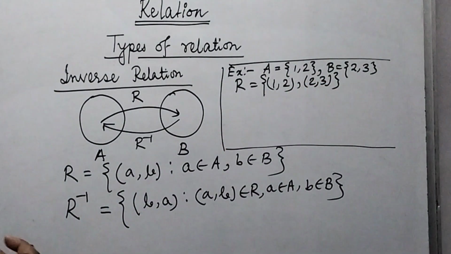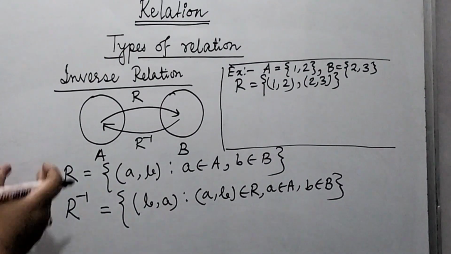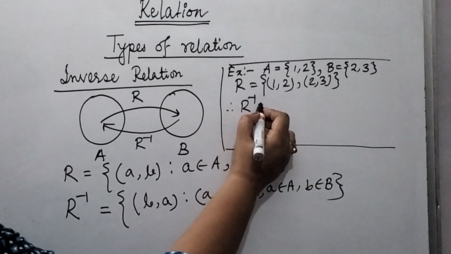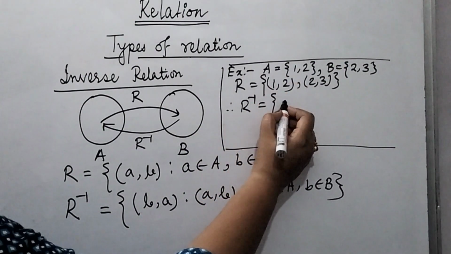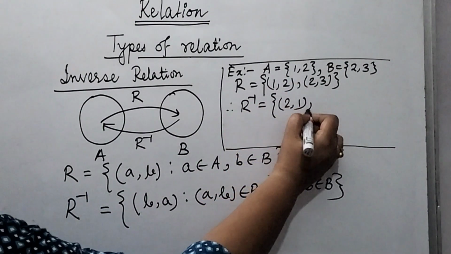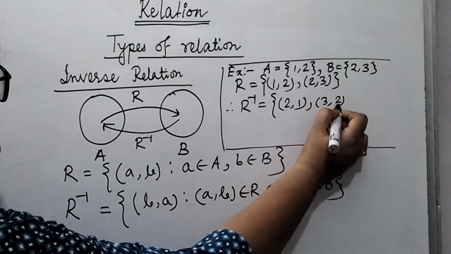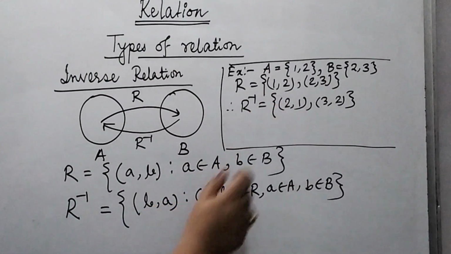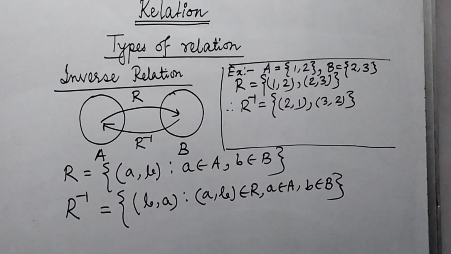And if I now ask you what will be the formation of R inverse, then from this illustration we can say that R inverse will contain the elements of the form (2, 1) and (3, 2). That is, the elements of the ordered pairs will just interchange their positions. So this is the concept of the inverse relation of a particular relation.